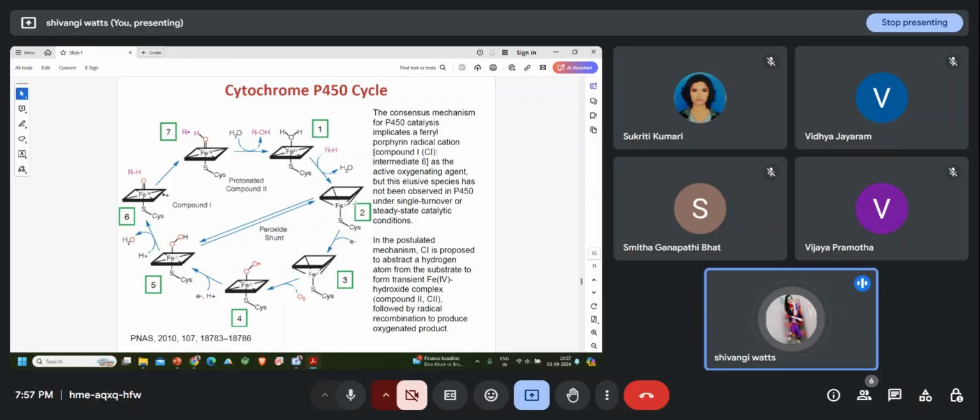Peroxide shunt means peroxide, O2 2 negative, binds to the iron without changing the oxidation state of the iron, in OOH form. When it coordinates to the iron, we call it the peroxide shunt. So this step is the peroxide shunt, where OOH binds to the iron in the axial position. Understood?